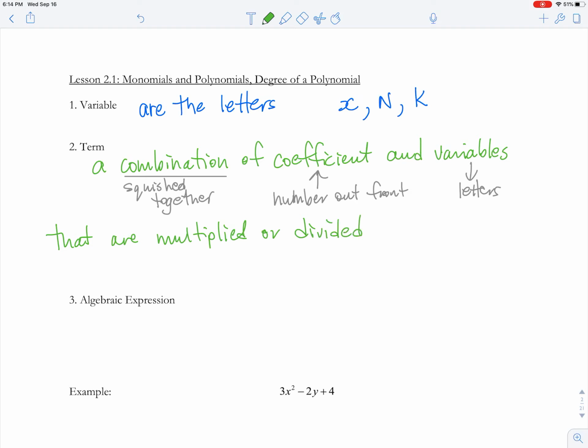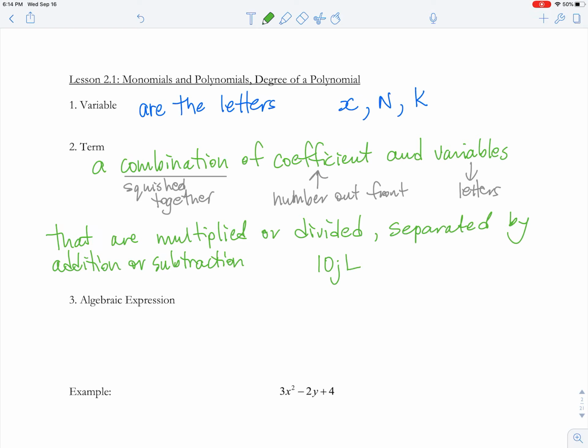And we can tell when a term is done because they are separated by addition or subtraction.